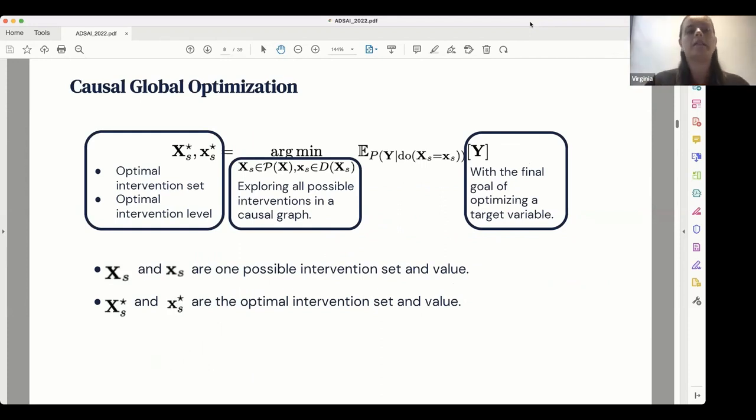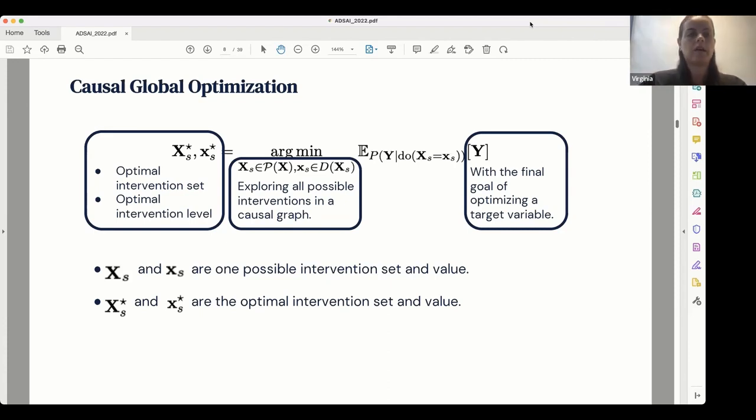So if we want to find the optimal intervention in a graph, what we need to solve is a causal global optimization problem that can be written this way, as the equation in this slide. And we're going to see the different elements together. In a causal global optimization problem, we try to find the optimal intervention set and optimal intervention level, denoted by capital X star and small x star, that are minimizing or maximizing a quantity that is a causal effect, in this case an average causal effect for the target node, where the expectation is computed with respect to the interventional distribution.